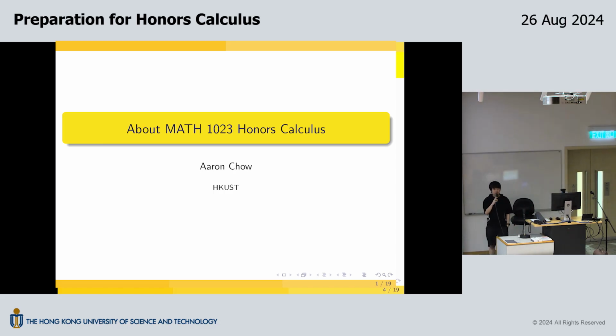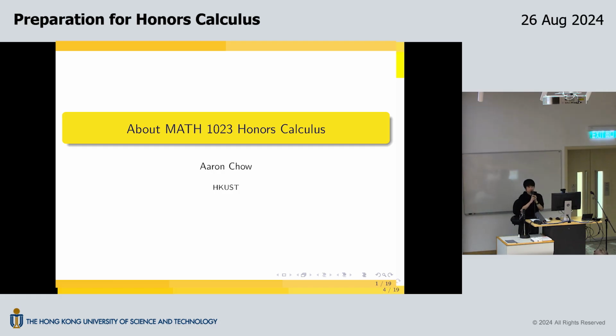Good morning, everyone. Thanks, Tina, for the invitation and the introduction. Let me introduce myself a little bit more. My name is Aaron, and I was also an undergraduate at HKUST about 10 years ago. I also took the honor math course, and I graduated in 2018. I went to Columbia University for a PhD in math.